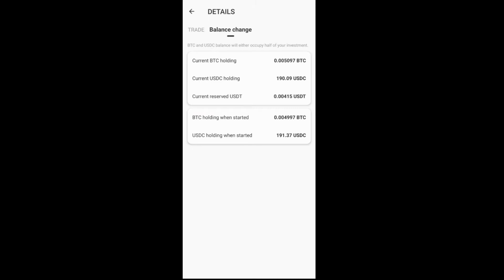You can see I started with 4997 sats, and right now I have 5097 sats and 191 USDC. I know it's in loss right now, but if you expect BTC to appreciate over time, you will see more balance in your portfolio, both for stable coin and Bitcoin.